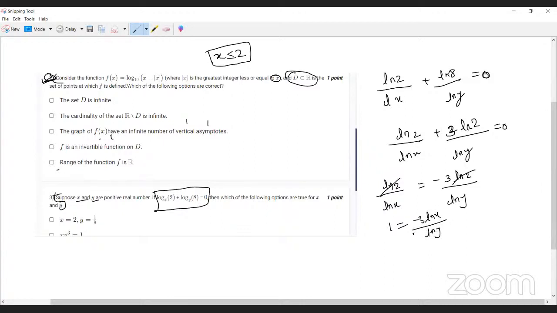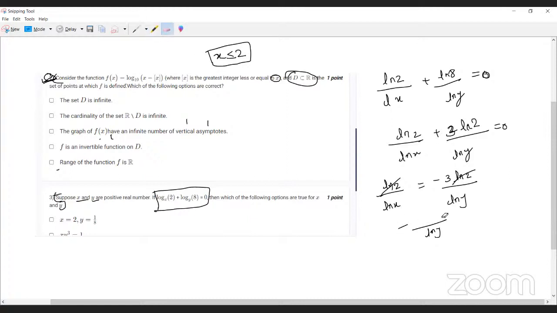Minus 3. Then we can take ln y equal to minus 3 ln x, and then we get y equal to x to the power minus 3.